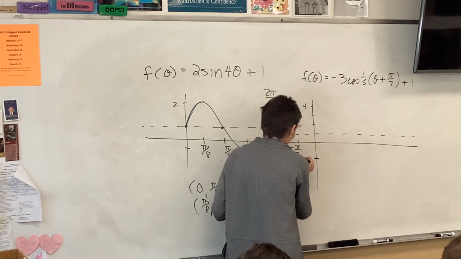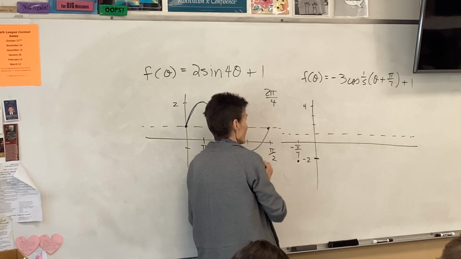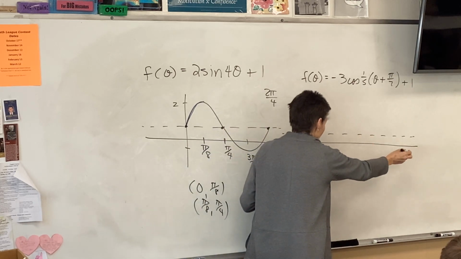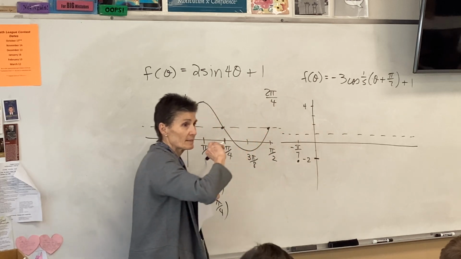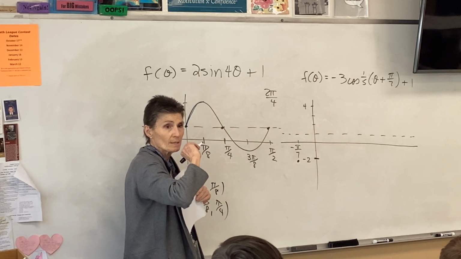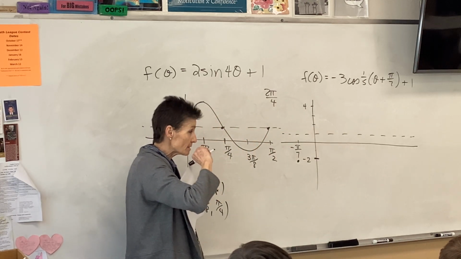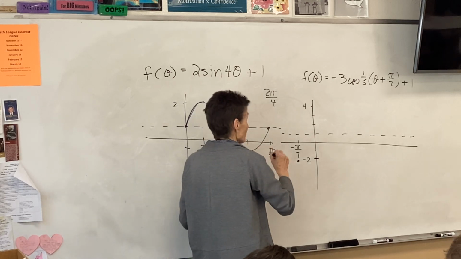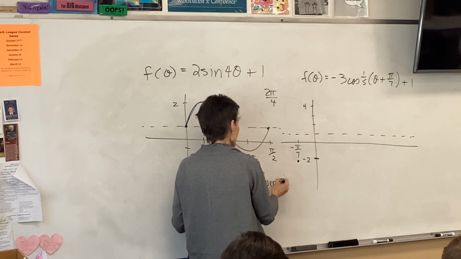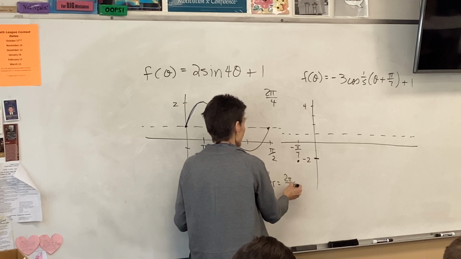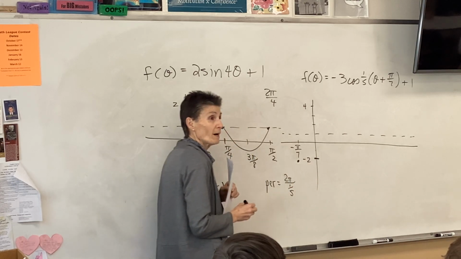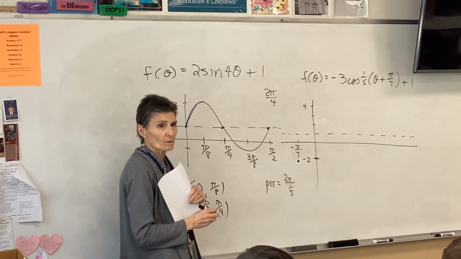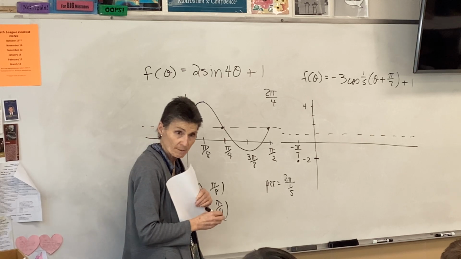So I'm gonna go ahead and put a point there. And I know it's gonna go up and come back down, it's gonna end at that same spot, right? So to find out where that is, I will find the period. So the period is 2 pi divided by 1/5. So the period is 10 pi.